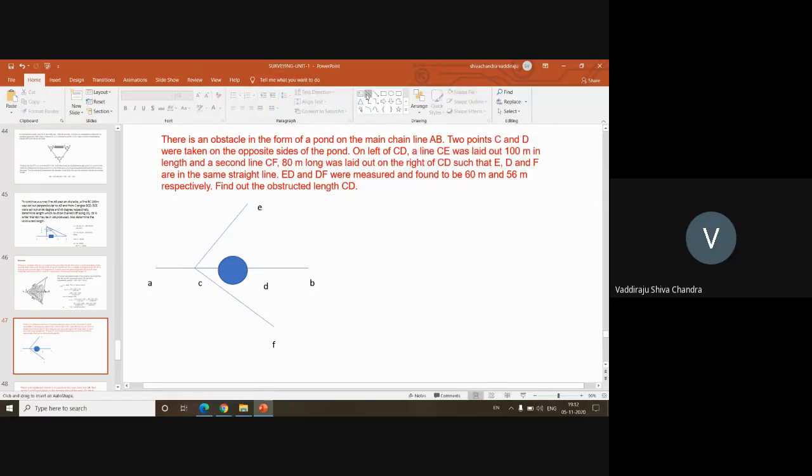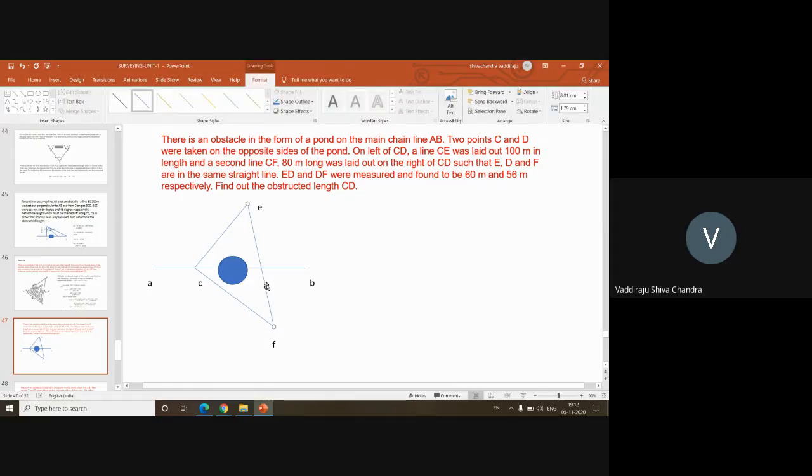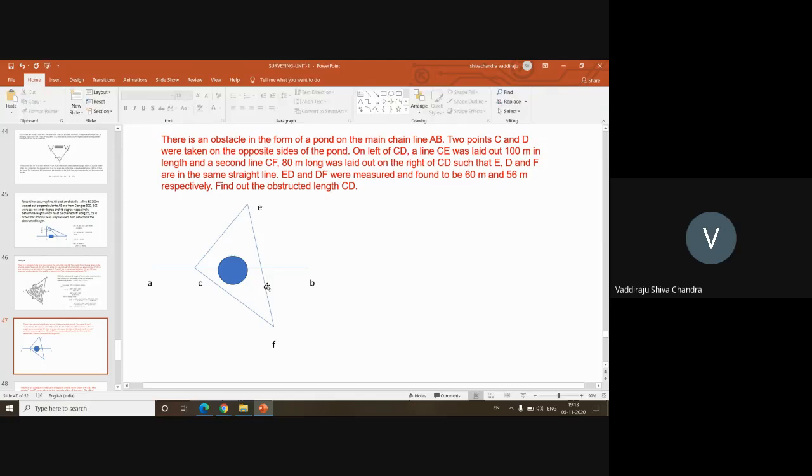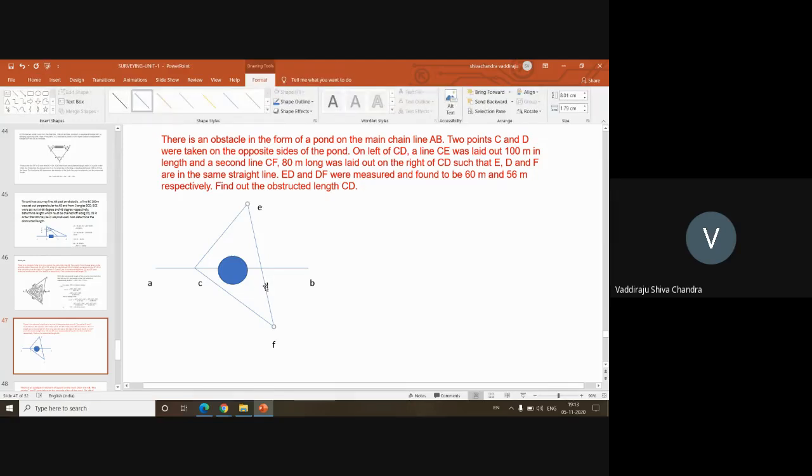Where is E? This is E, this is D, and this is F. These three are in the same line. So this point should come here, so that E, D, F are in the same straight line.